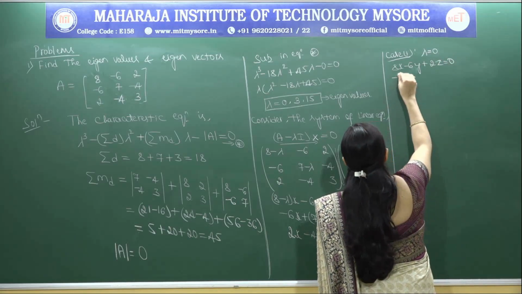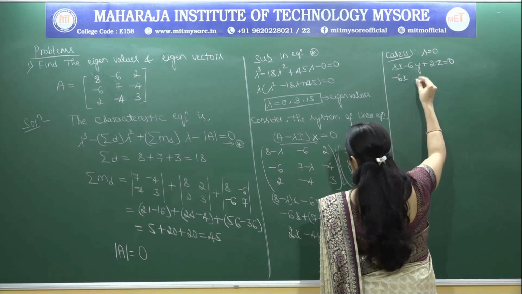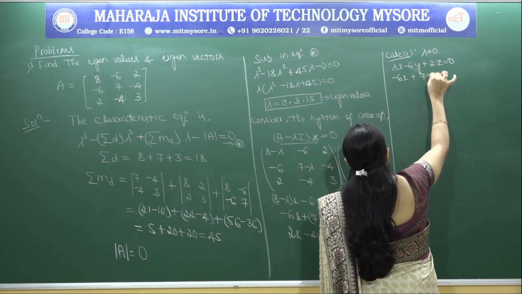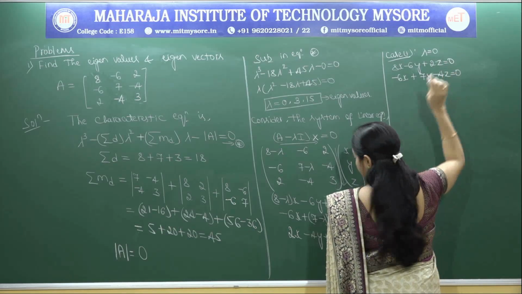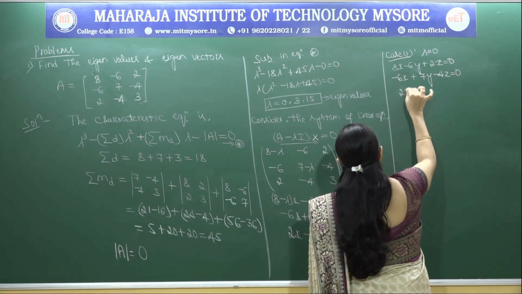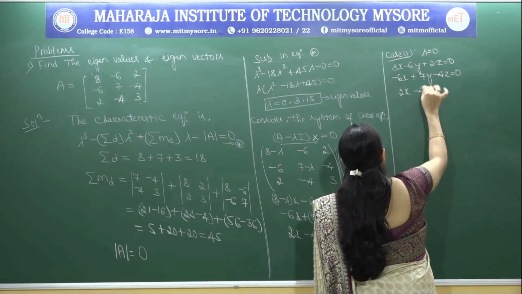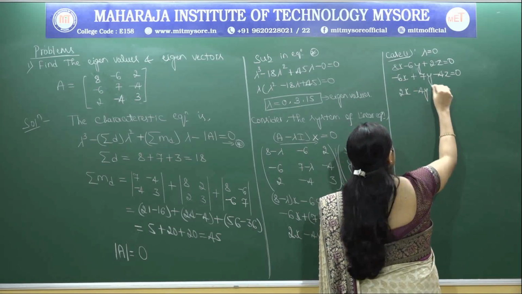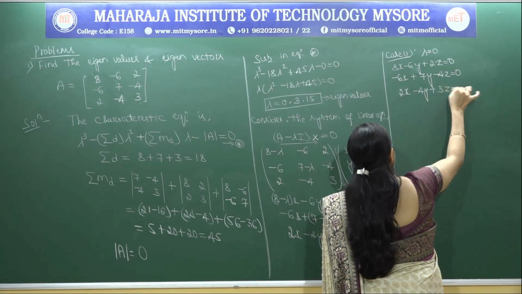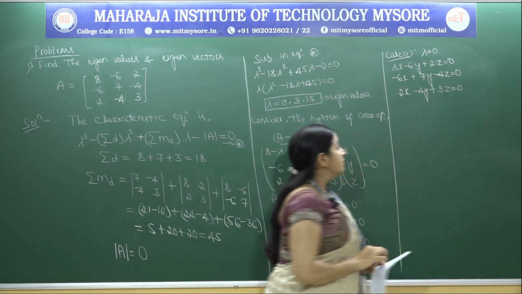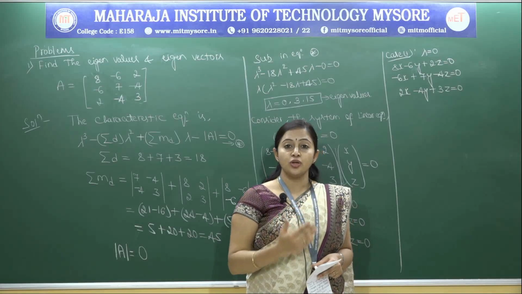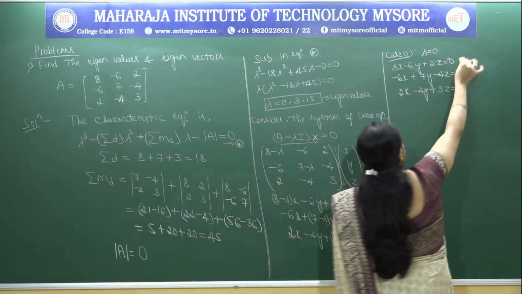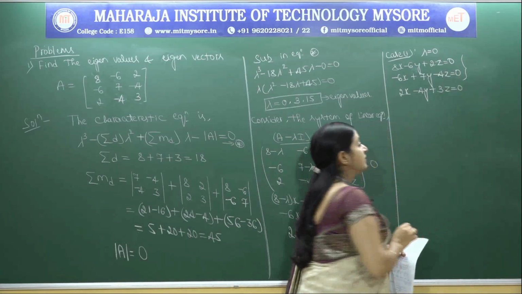The second, minus 6x plus 7y minus 4z equals 0. Third one, 2x minus 4y plus 3z equals 0. Consider any two of the equations. So I consider the first and second one.